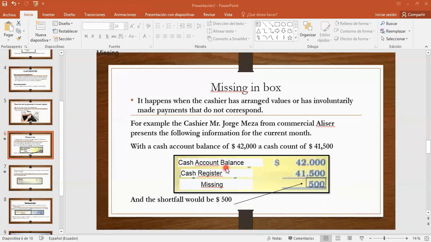The cash account balance is $42,000. The cash count is $41,500, and the missing amount is $500.